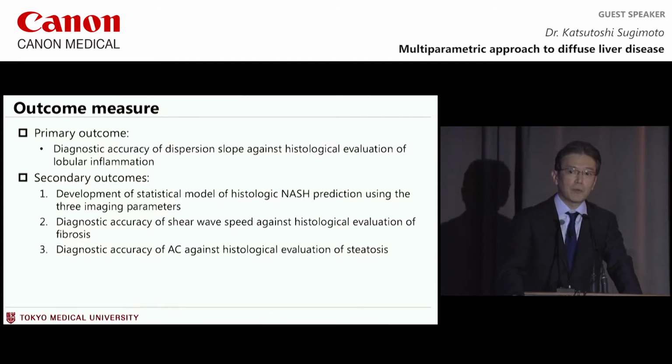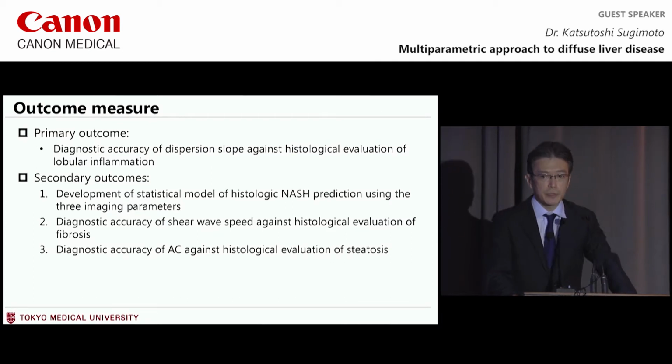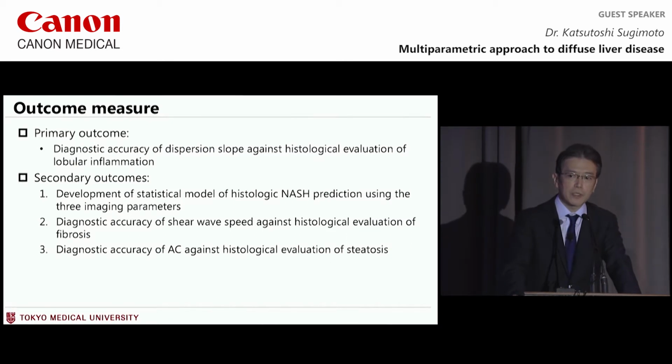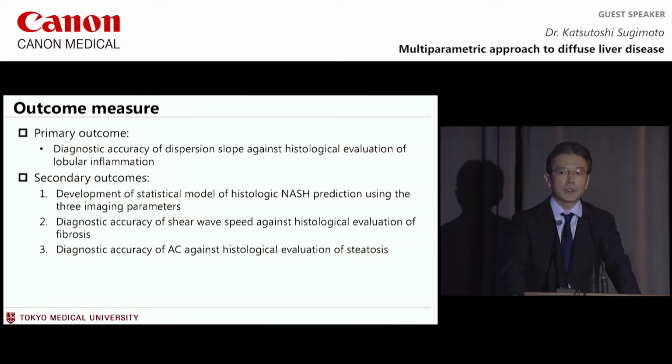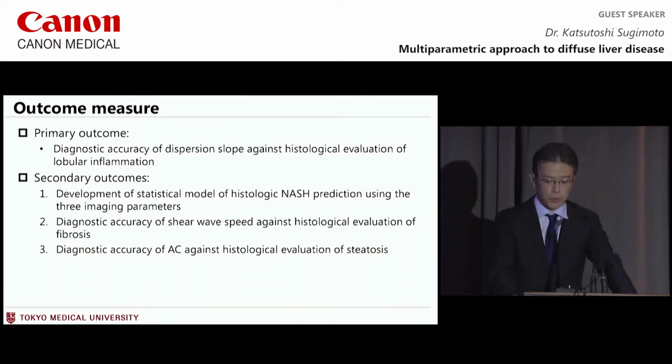And secondary outcomes were development of a statistical model of histological NASH prediction using the 3 imaging parameters. And second, diagnostic accuracy of shear wave speed against histological evaluation of fibrosis. And third, diagnostic accuracy of attenuation coefficient against histological evaluation of steatosis.